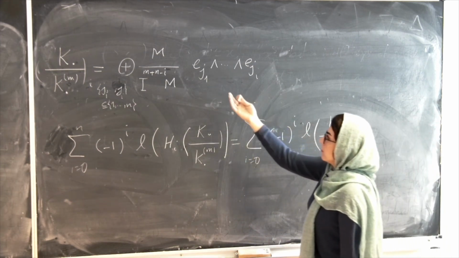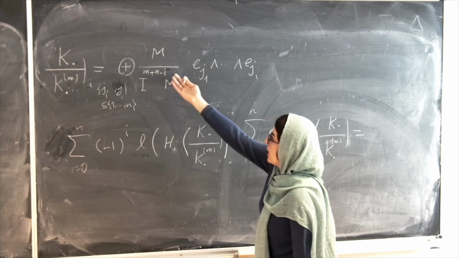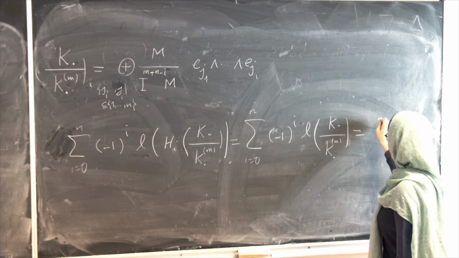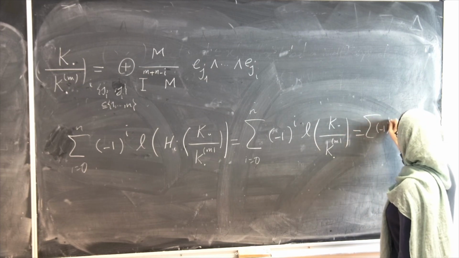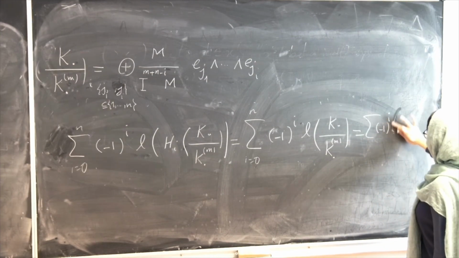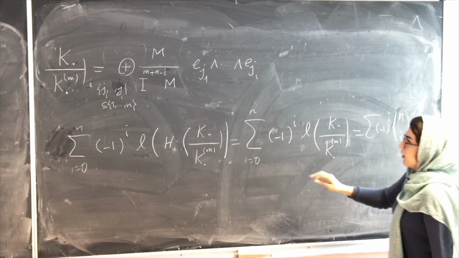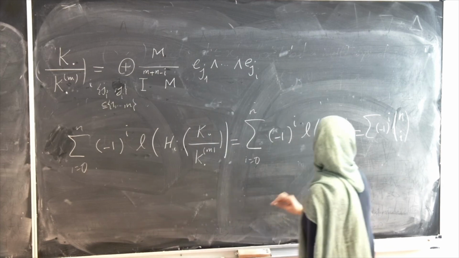And we can see what this length is, because we have n choose i basis elements. This is just the sum of the lengths of these modules.